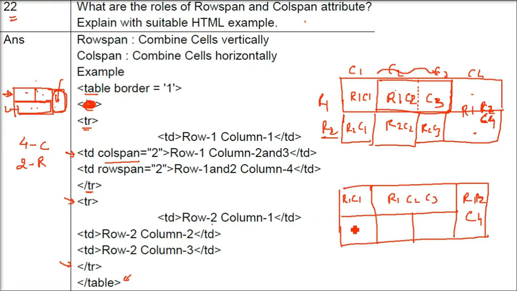This is going to be row 2, column 1. This will be row 2, column 2. This will be row 2 and column 3. So this is how you have to do this. We combined colspan, so two columns are combined. In rowspan, 2 rows are combined.